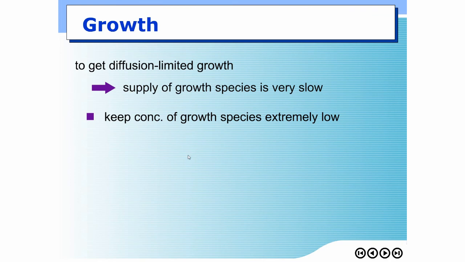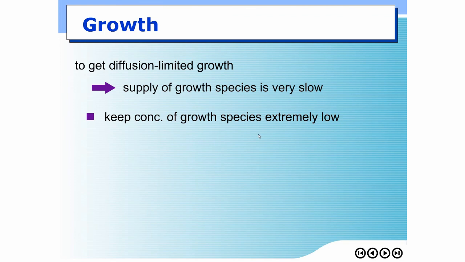But wait a minute. Before we discussed growth, we said that we want the concentration of the growth species to be high to get supersaturation, right? Remember? But now for the growth, we want growth species concentration to be low. So which one is it? Do we want low or high concentration? Actually, you need to understand.